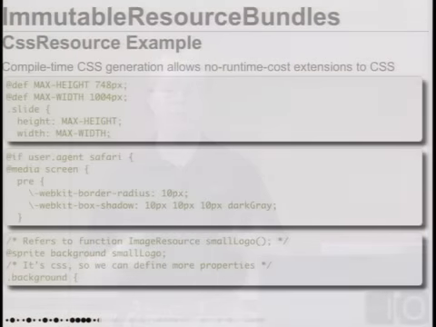So let me give you an example of how you use this. This CSS resource is already built. It's already in the incubator. I'd love to get feedback on it. So we can do fun things, because CSS is sometimes a little bit difficult to work with. You can't do things like define symbolic constants, and sometimes you use really crazy selector syntax to target one particular browser over another.